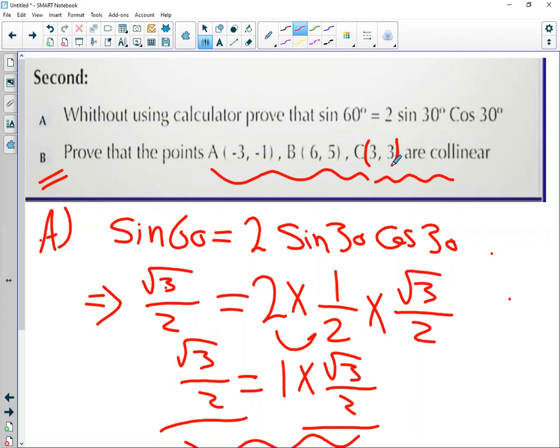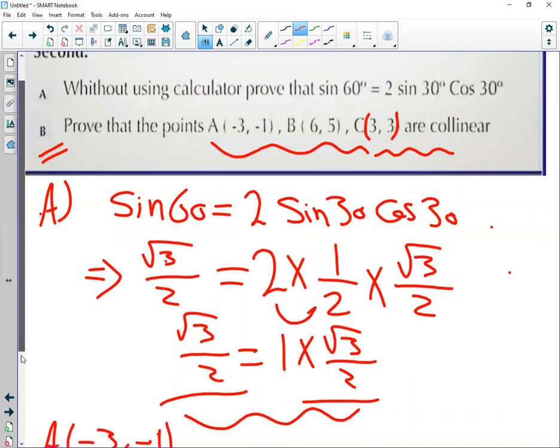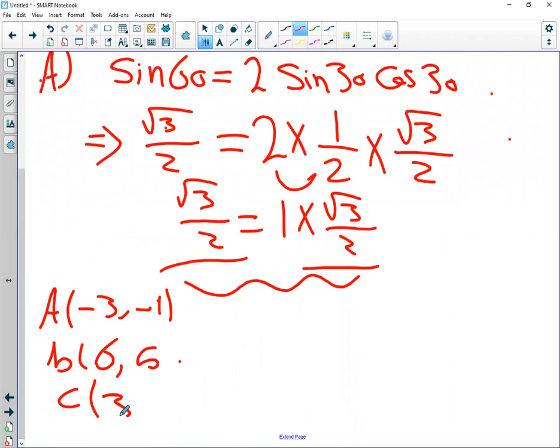Okay, this is letter C, the third ordered pair, 3 and 3.